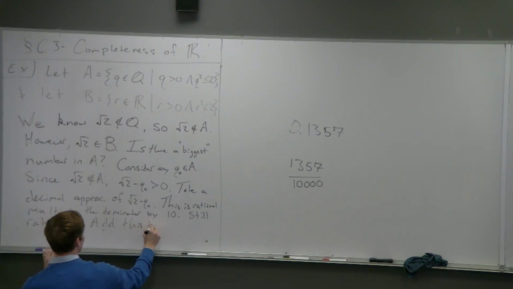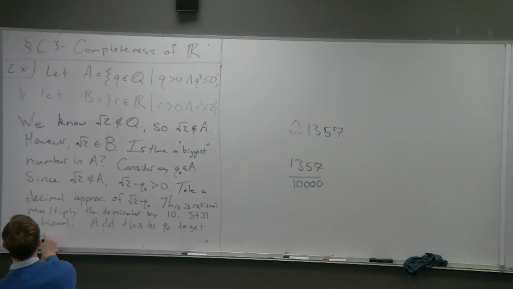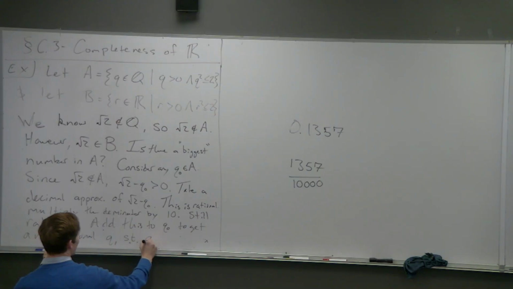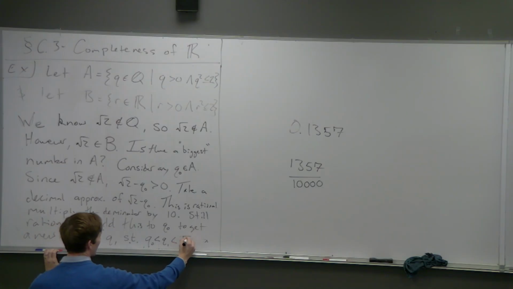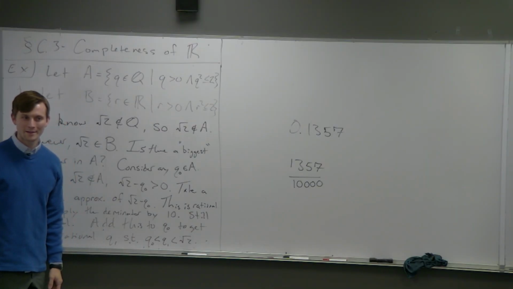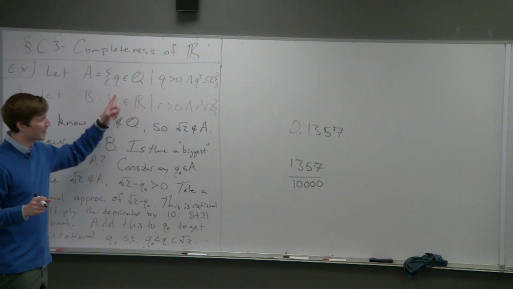Add this to Q0 to get a new rational Q1 such that Q0 is less than Q1, and that's still less than square root of 2. You can repeat this as much as you want, right? You never run out of rational numbers, just continually bigger and bigger, never equal to square root of 2, all of them in A.